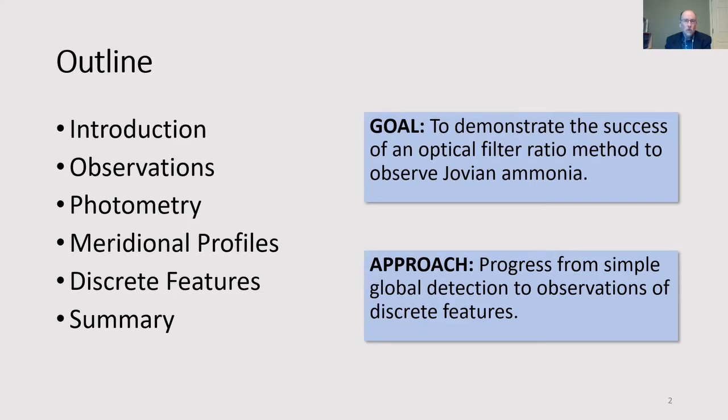The overall goal of this presentation is to demonstrate the success of a fairly simple optical filter ratio method to observe Jovian ammonia. And the approach, as you can see from the outline, is to progress from a simple global detection of ammonia to observations of discrete features in Jupiter's atmosphere in ammonia.